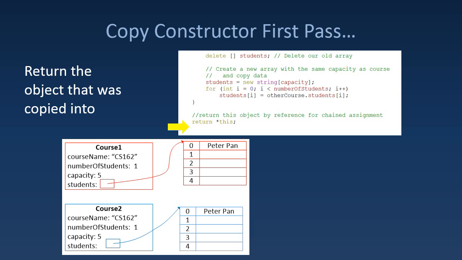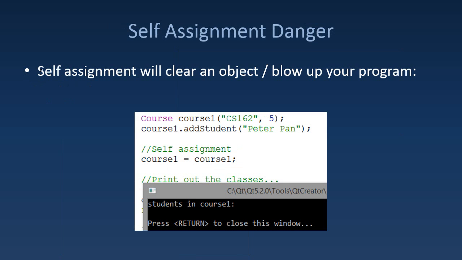Now, you may have noticed we skipped over a little bit of code at the start. And that's to avoid self-assignment. If I set up a course and try to do course 1 gets set to course 1, that's perfectly valid to type. But it's going to actually blow up my program or just clear it out or do something else weird. And here's why.